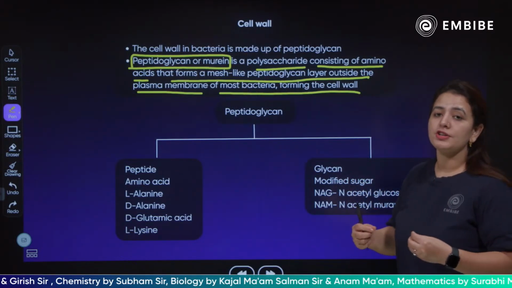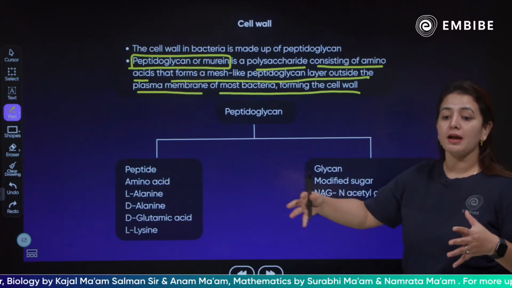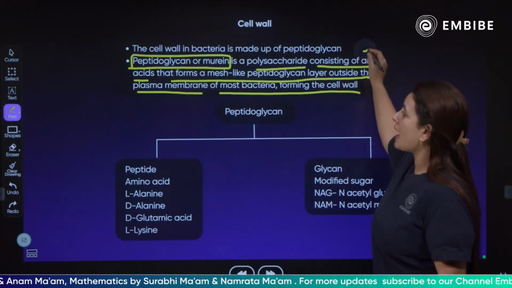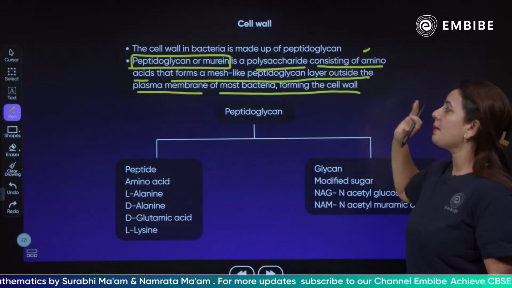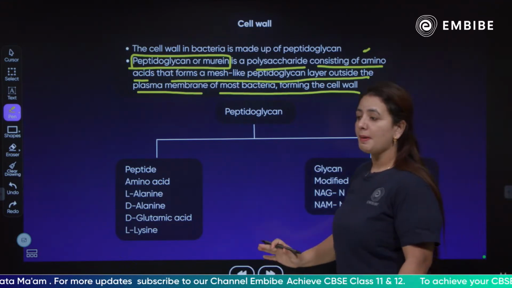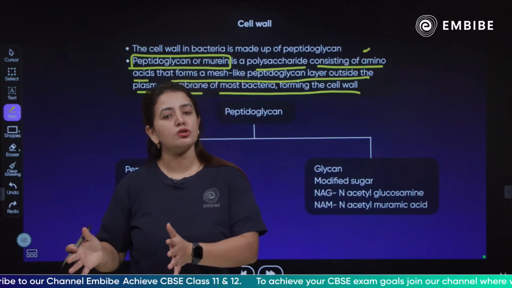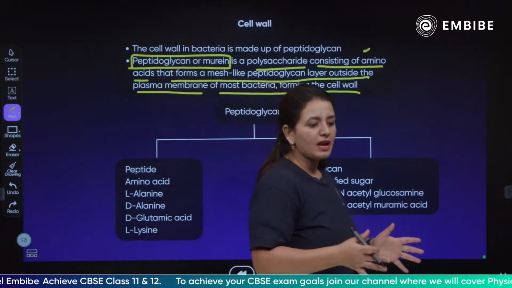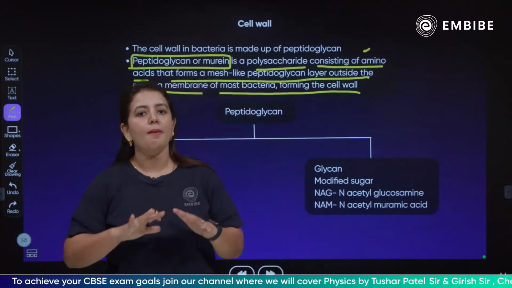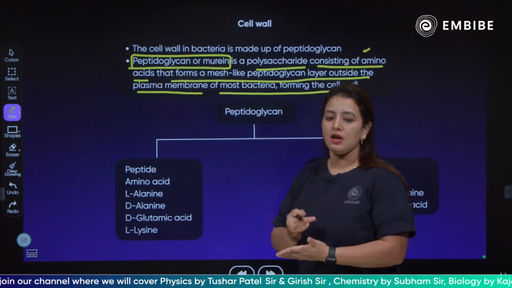Peptidoglycan or murein is a polysaccharide, a chain of carbohydrates, consisting of amino acids that form a mesh-like structure. Peptido means proteins, glycan means sugar. So a chain of amino acids and a chain of sugar together create a mesh-like structure around the plasma membrane, creating a cell wall.